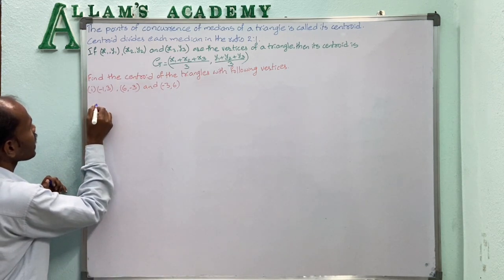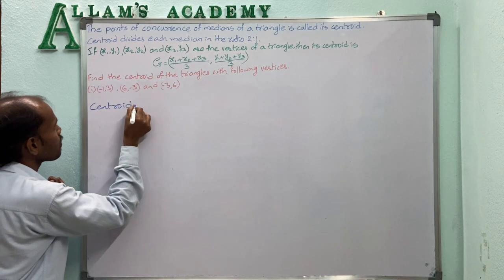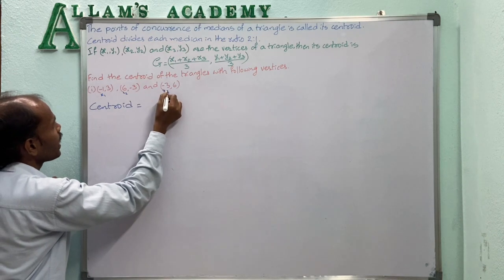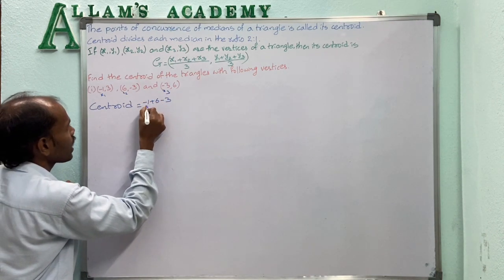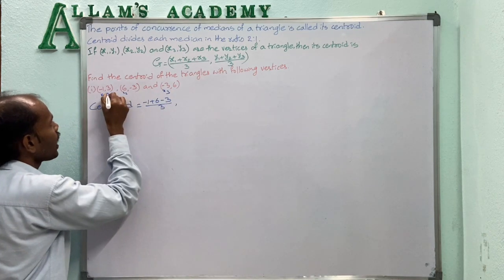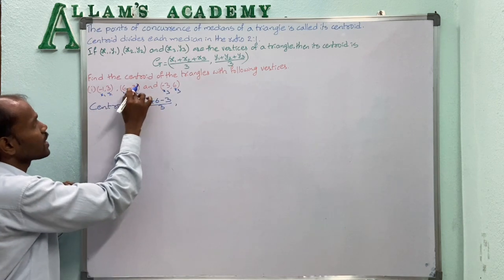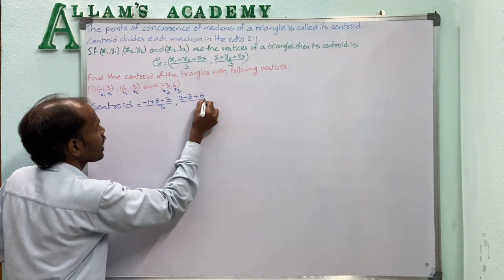Now that centroid is equal to (x1 plus x2 plus x3) by 3. So x1, x2, x3 are minus 1, 6 and minus 3 by 3, and y1 plus y2 plus y3 by 3, that is 3 minus 3 plus 6 by 3.